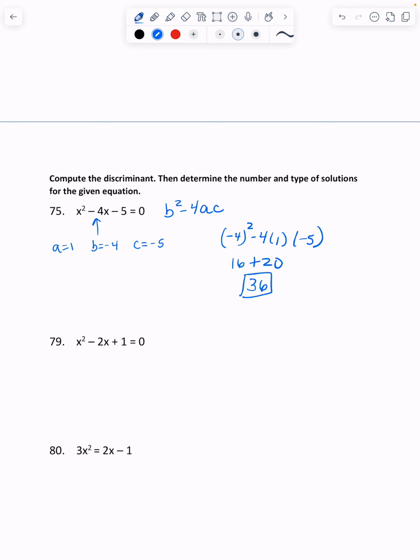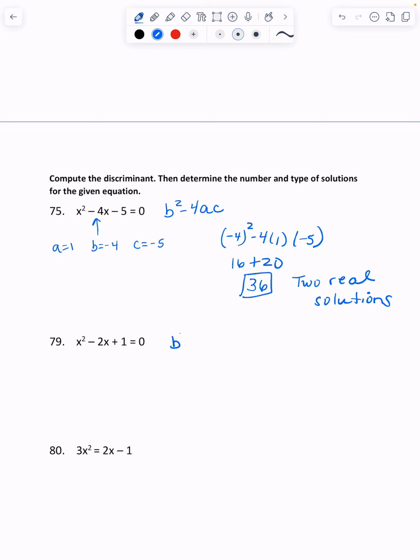Now, because the number is positive, that means that I have two real solutions. And if I even wanted to be more specific, I would say two unequal or two different real solutions. Again, we're not solving here. We're just trying to find out what type of solutions we would get if we solved.